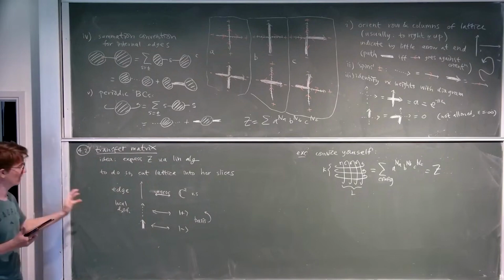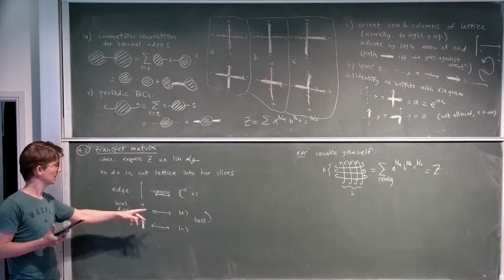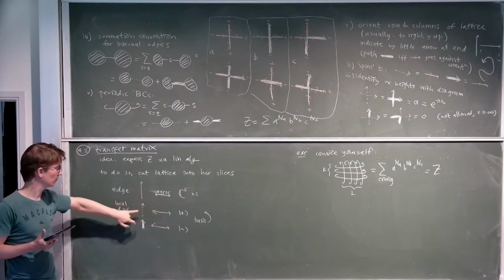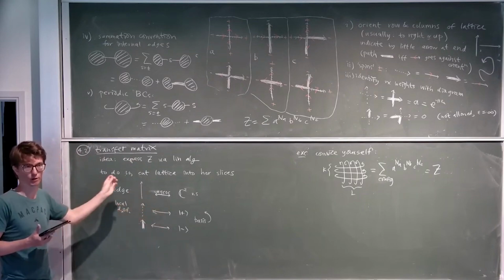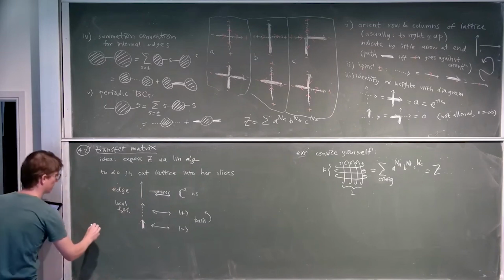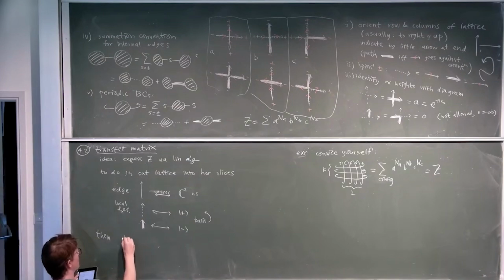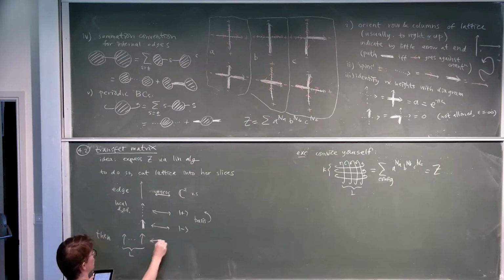So in other words, because we want to do something in terms of linear algebra, we just say, let's make a vector space whose basis is labeled by the possible states, our possible local degrees of freedom. So then, if I have lots of horizontal and vertical lines like this, L of them, we can think about the possible bases.